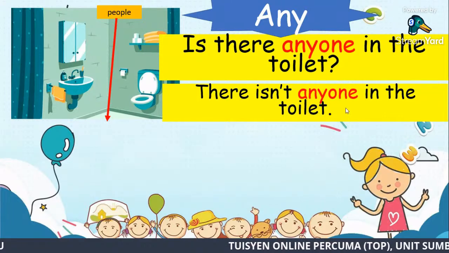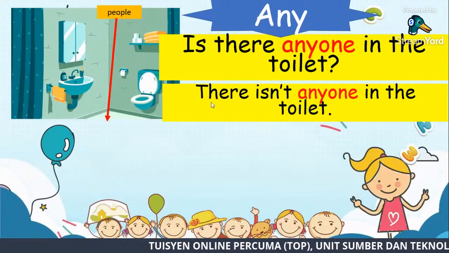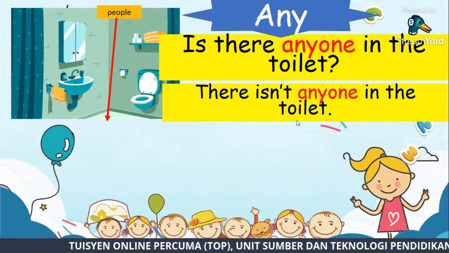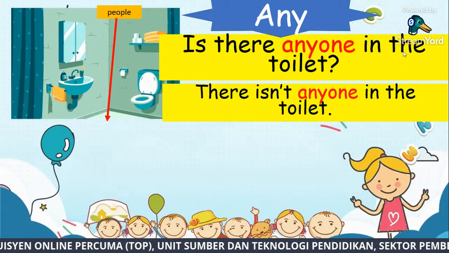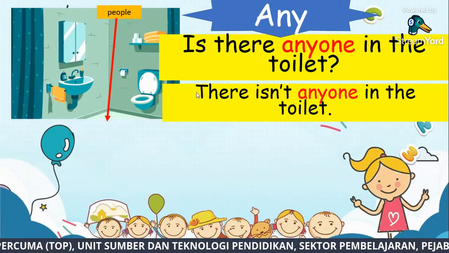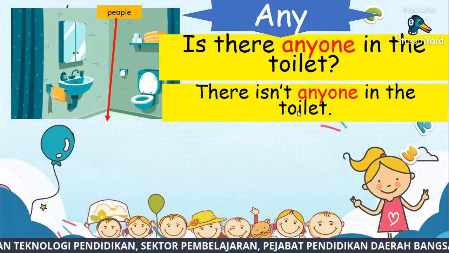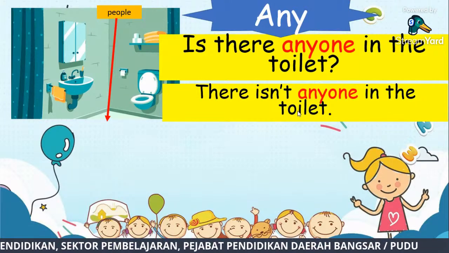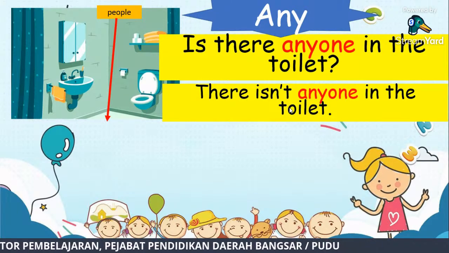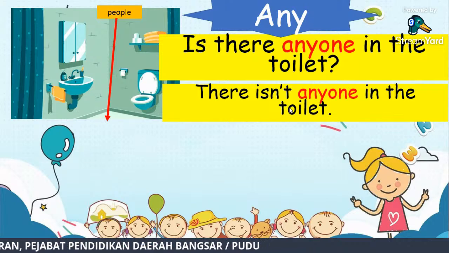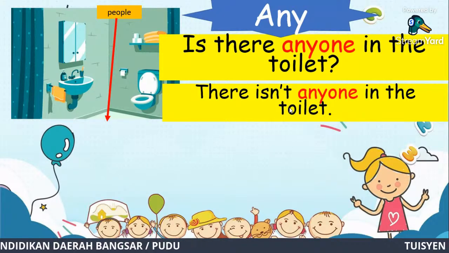You can make the sentence like this: is there anyone in the toilet? Or if it's a sentence, there isn't anyone in the toilet. So you have to use anyone in these two situations.